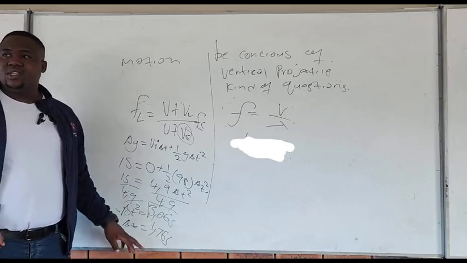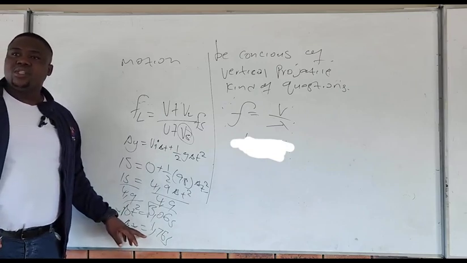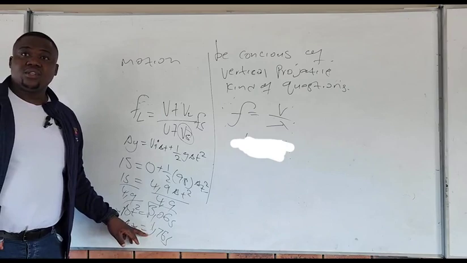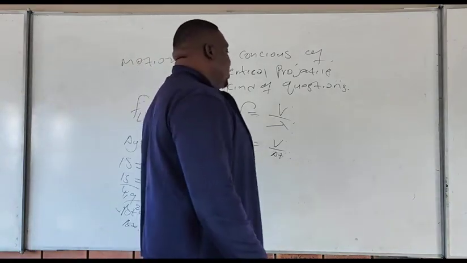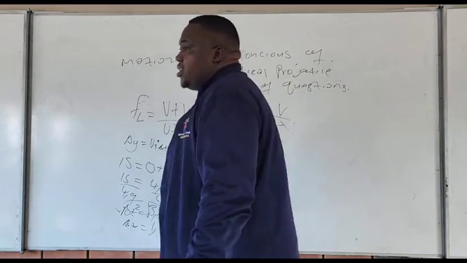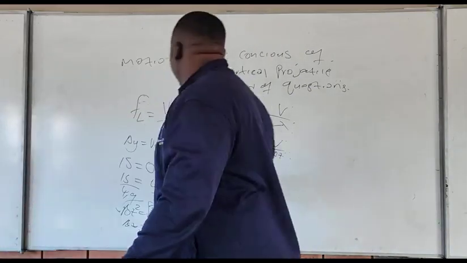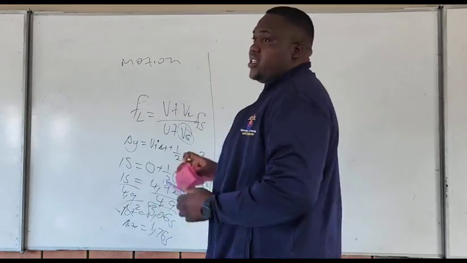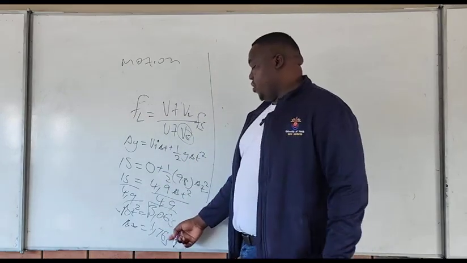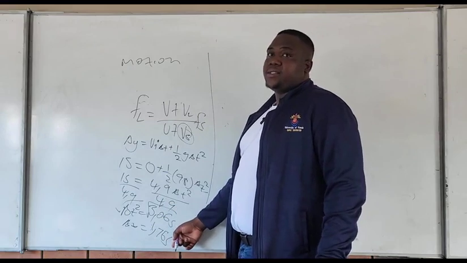This is the time it took for the sound source to hit the ground. Remember, we're not interested in the time, we're interested in the velocity of the sound source.